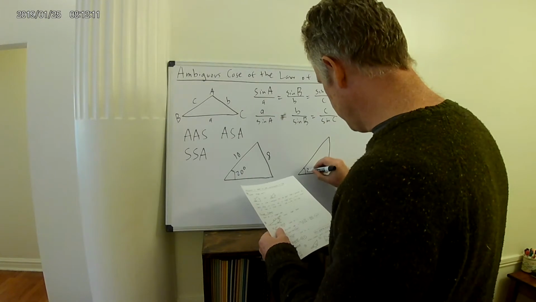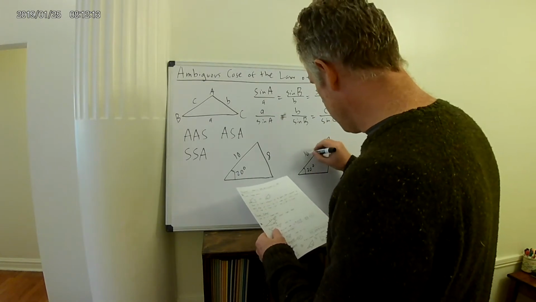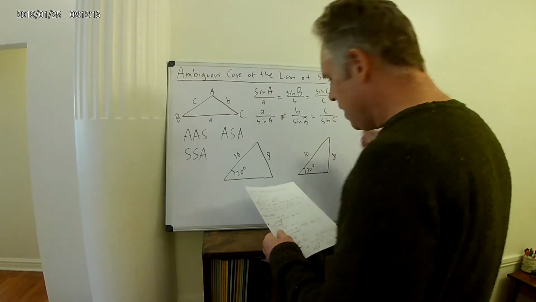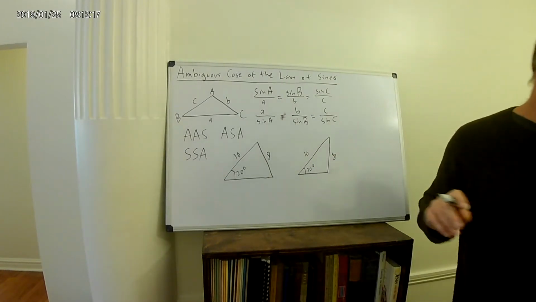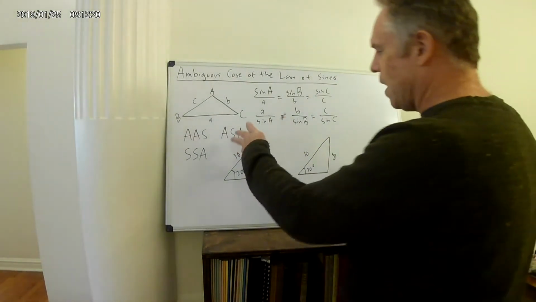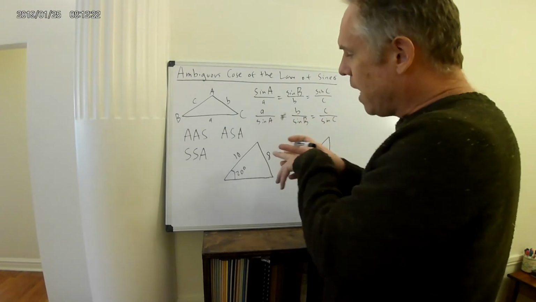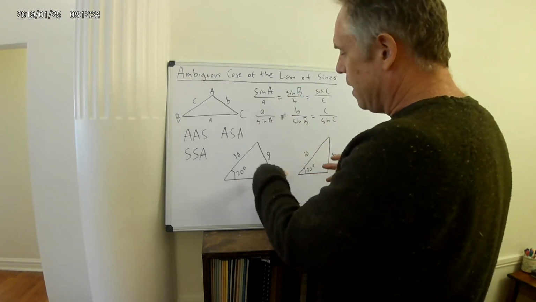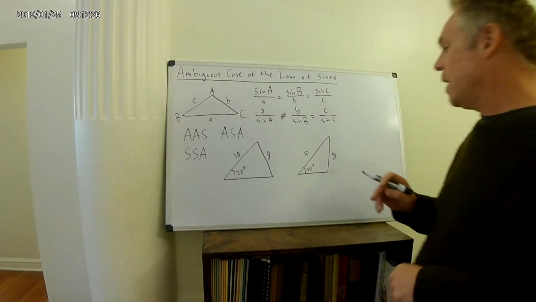Where this is still 20 degrees, this is 10, and this is 8. Now these triangles are SSA triangles because we know a side, another side, and an angle that's not between the two sides.